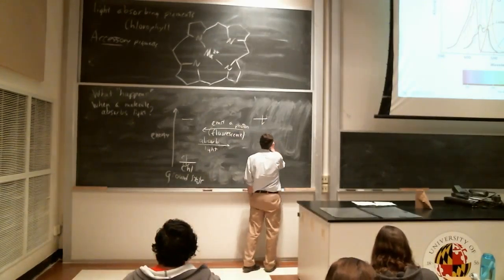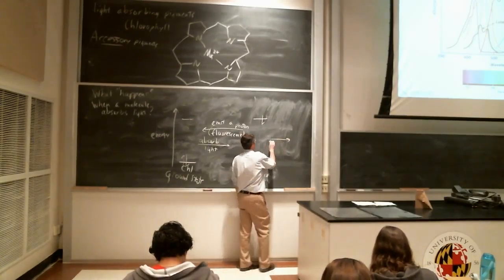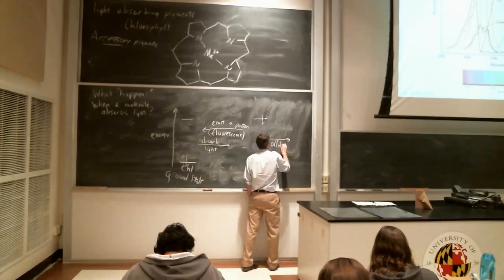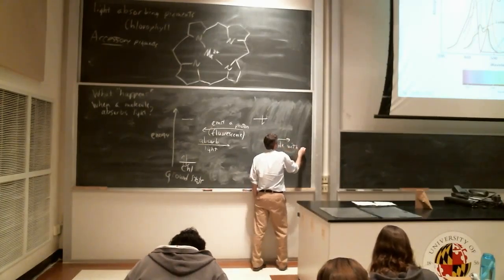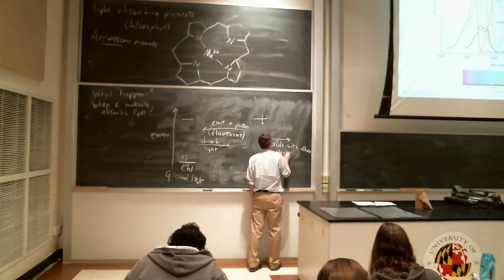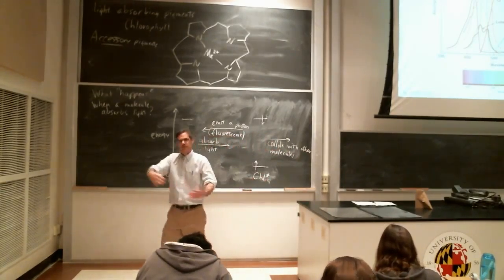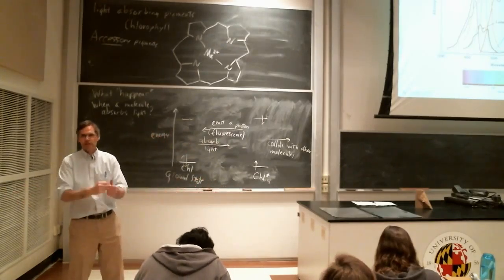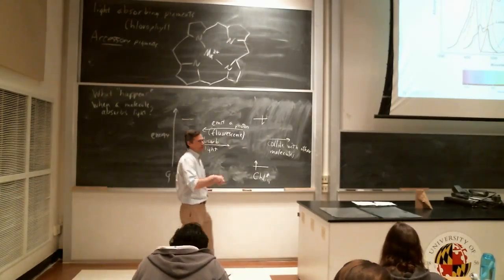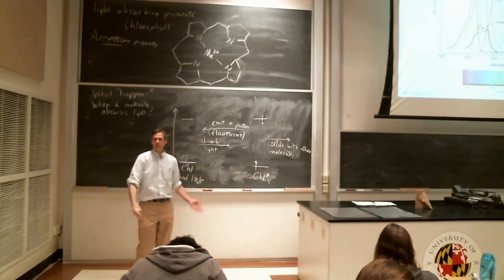The second way that it can lose excitation energy is it can collide with other molecules. The energy can be transferred to the other molecules just by collisions, and the energy ends up as just faster motion of all the molecules in the region.